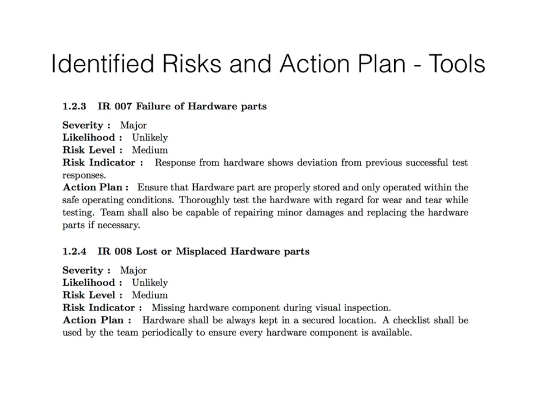How to identify this risk is very easy. During visual inspection of the hardware, there might be a missing part. How to avoid this risk is to always keep the hardware in a secure location, and a checklist can be used to check every time that all hardware components are in place.